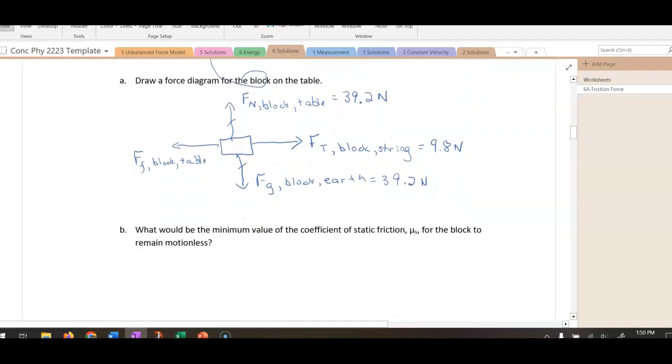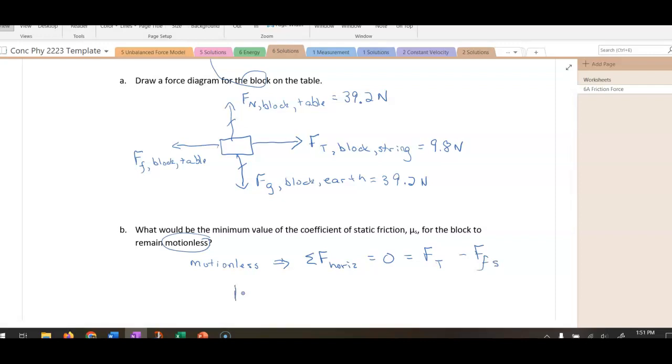It says what would be the minimum value of the coefficient of static friction for the block to remain motionless. So motionless would mean that the net force in the horizontal direction would be 0. And I would find the net force in the horizontal direction as the tension force minus the static friction force.